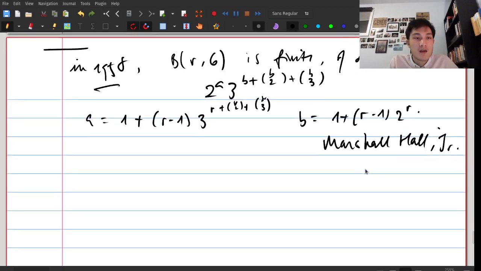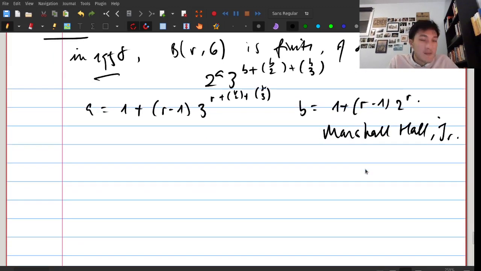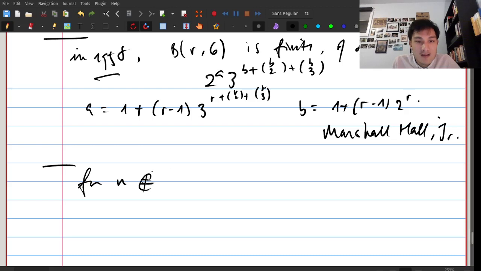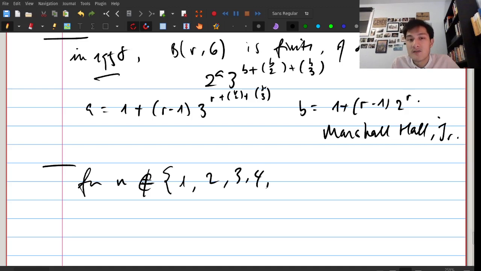Okay, that's 1958. And actually, for n not in the set, say 1, 2, 3, 4. So 1 is trivial, 2 we showed is abelian, 3 has an order that we figured out, 4 we showed is finite, but we don't know the order, or we didn't prove the order anyway. 6 has that order.